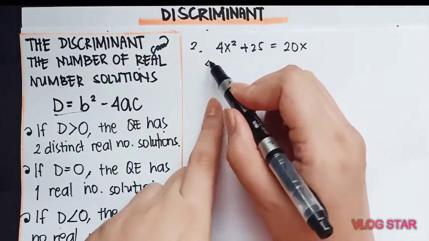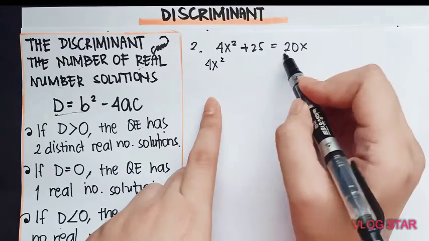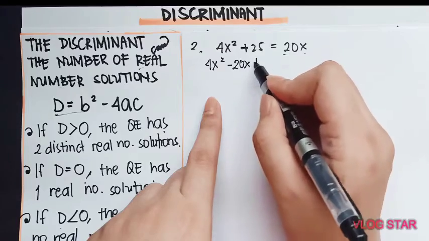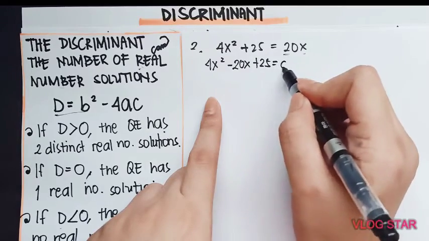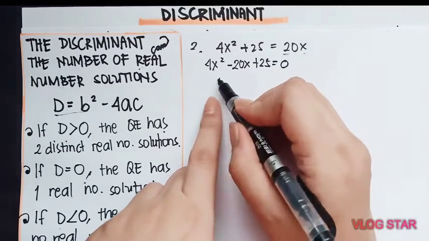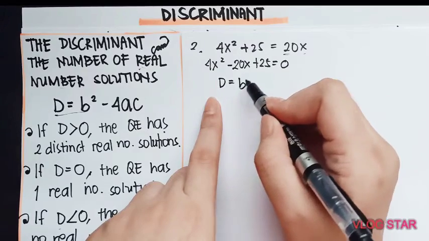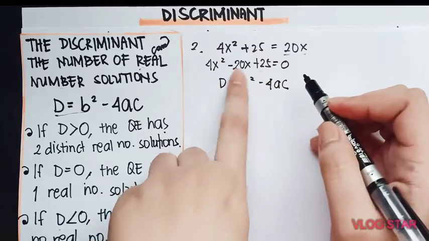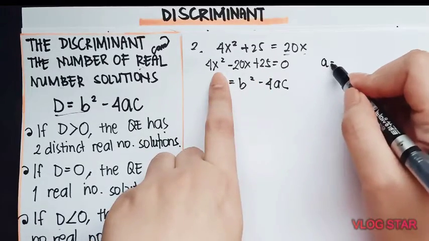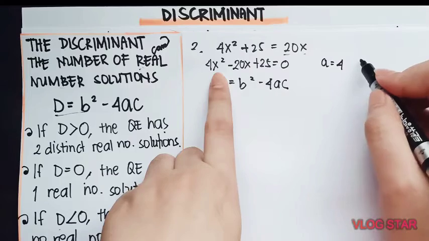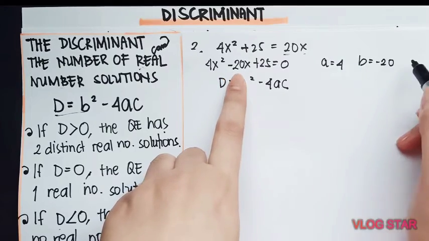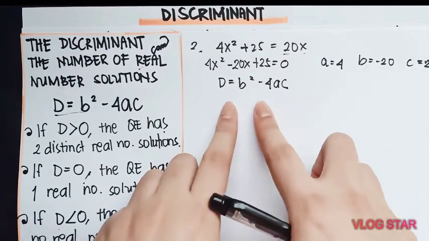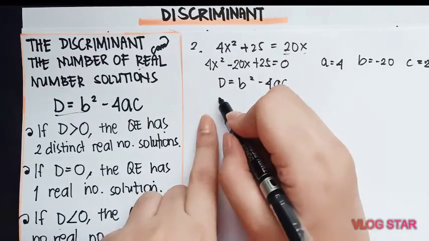This can be written as 4x squared, moving this to the other side of the equal sign, minus 20x plus 25 equals 0. Then let's use the formula for the discriminant, which is b squared minus 4ac. So identify a, b, and c. So a here is 4, b is negative 20, and c is 25. Substitute to the formula.